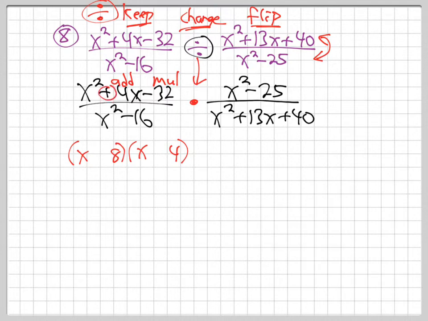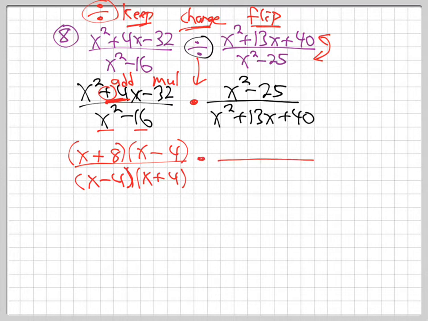Sign in the middle automatically goes on the bigger one, right? The 8. The smaller one can be plus or minus, just depends on what it takes to make plus 4 in the middle. It needs to be minus 4, right? Because 8 minus 4 will make the plus 4 in the middle. All right. At the bottom, x squared minus 16. We've done a million of those. X minus 4, x plus 4, right?